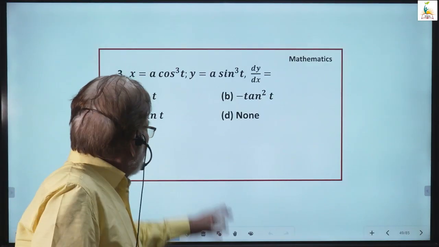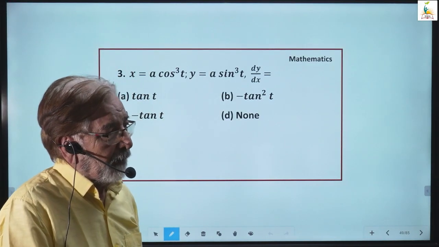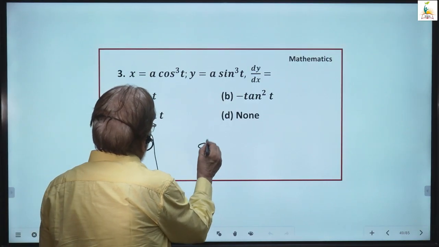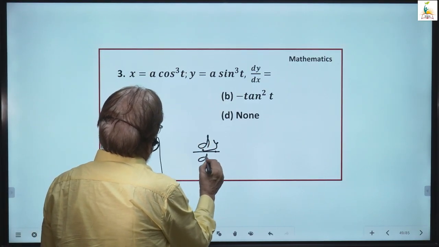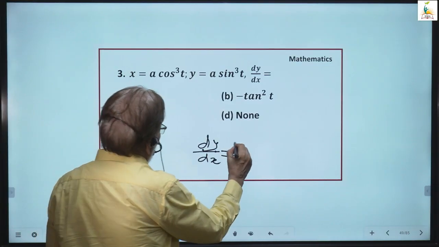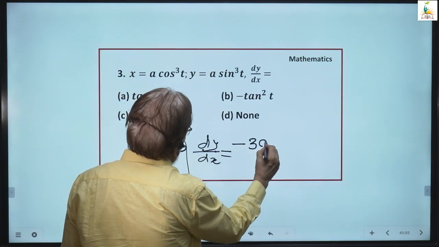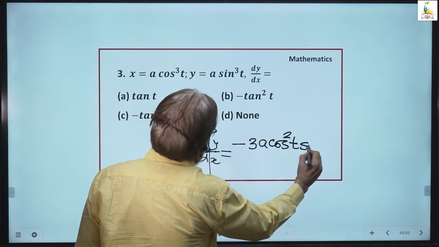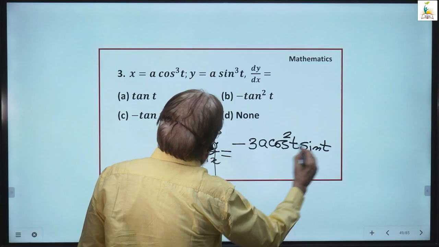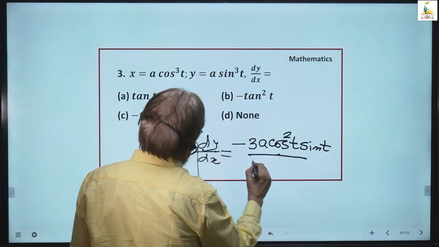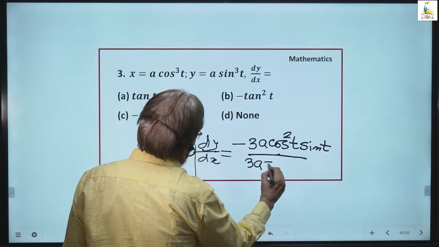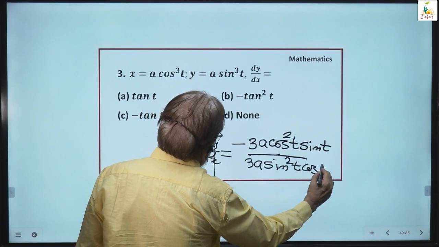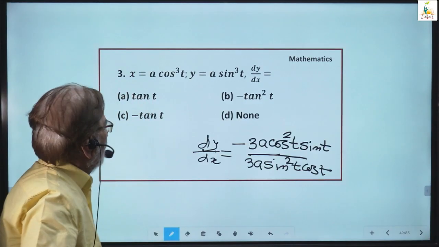That's why differentiation of this function is very important. dx upon dt will be equal to minus 3a cos square t sin t. dy upon dt will be equal to 3a sin square t cos t.